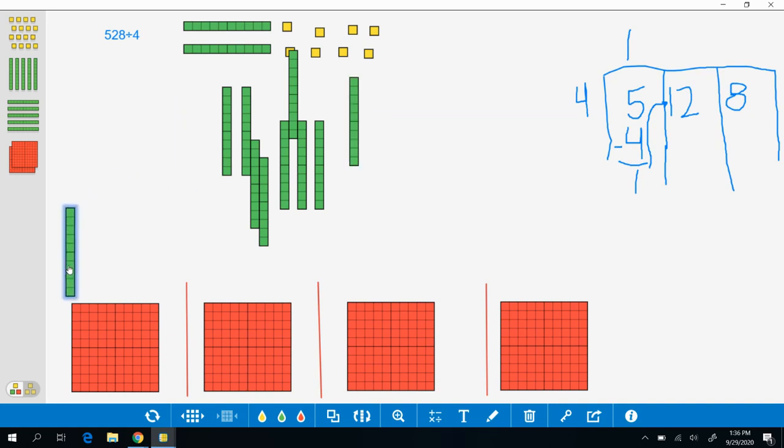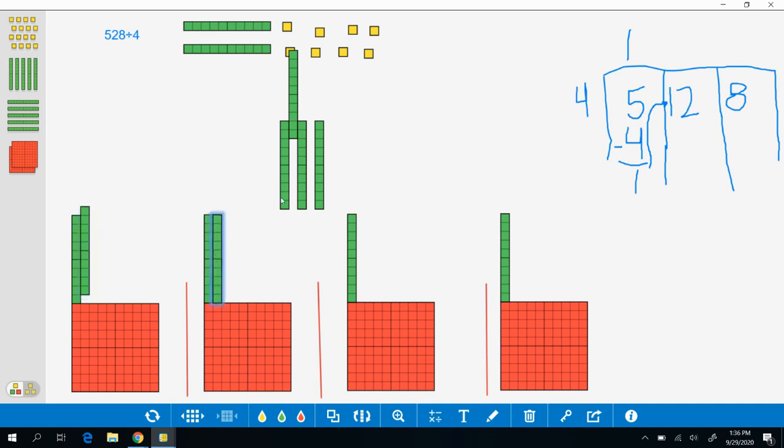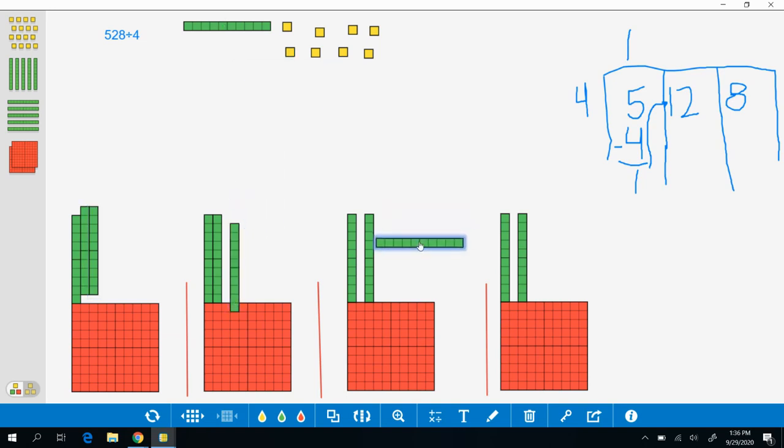So I'm going to start that one in each. I think I can do some more here. Remember, we're going to pass out tens until there are no tens remaining or we have a number left that can't be shared equally.